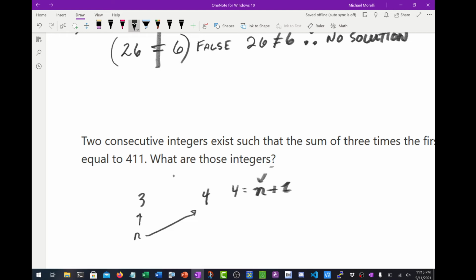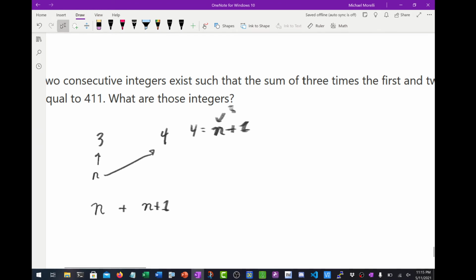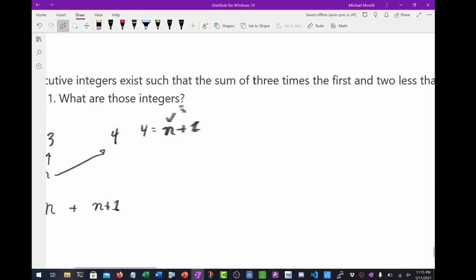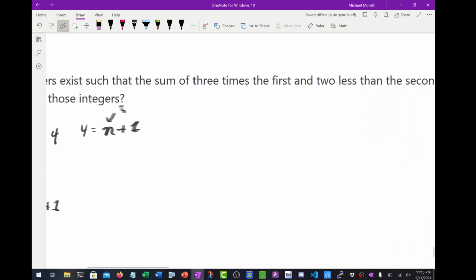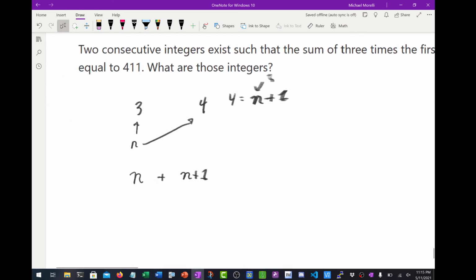Because n is 3. So the way you think about this when you talk about consecutive integers, your first integer is n, and then you have n plus 1. Okay. And so what it's saying is the sum of 3 times the first and 2 less than the second is equal to 411.